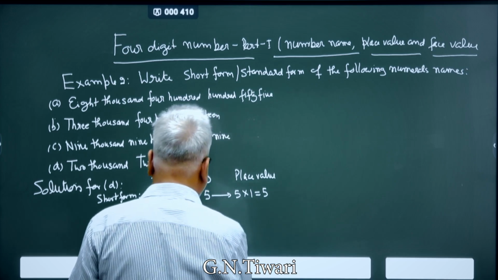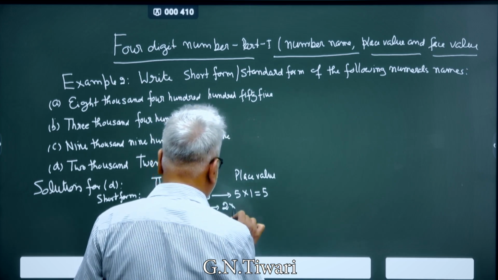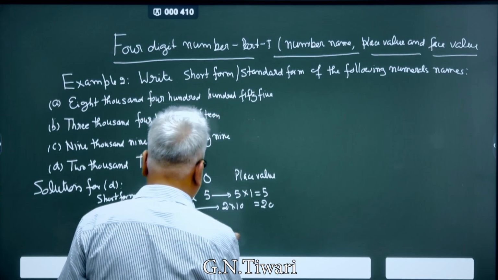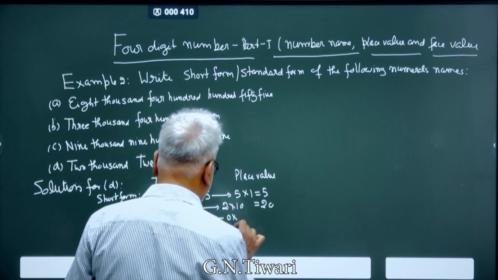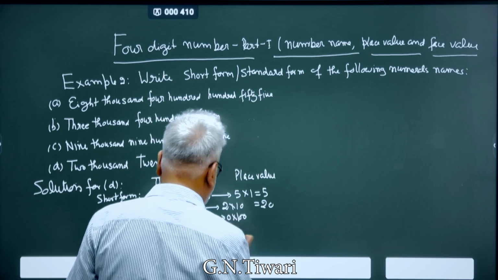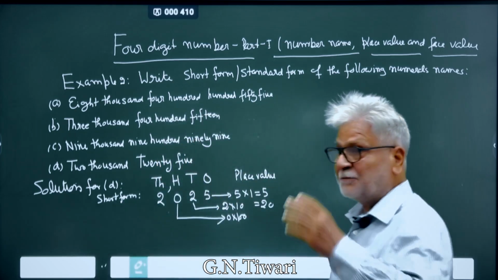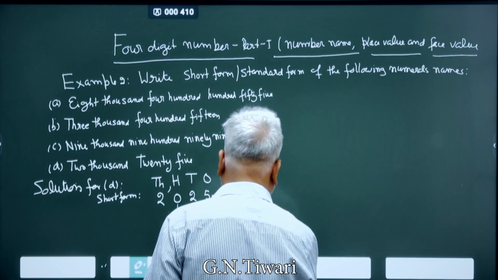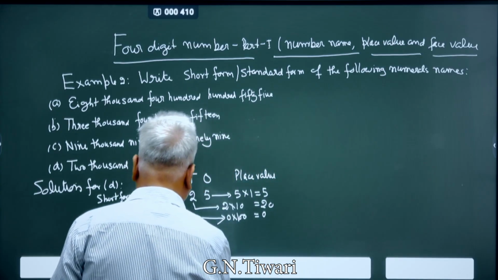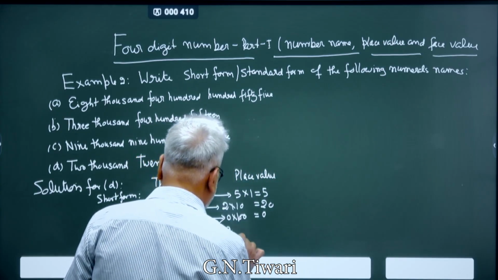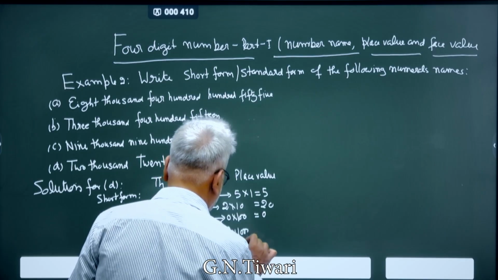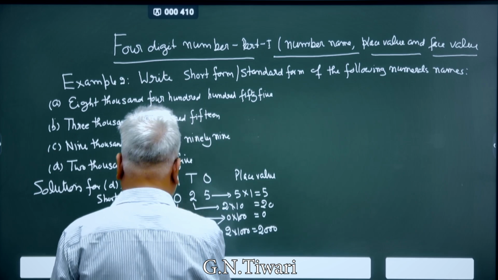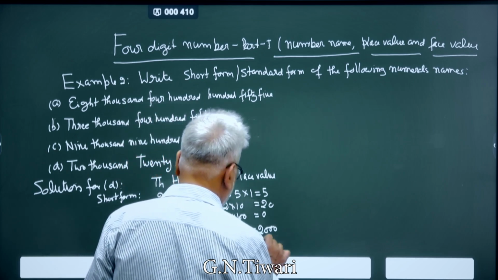Again 2 into 10 is equal to 20. 0 into 100, you have to write 100. And 0, if multiplied by any number, is always 0. So its place value is 0. Then 2 into 1000 is equal to 2000. Again, don't miss writing the comma.